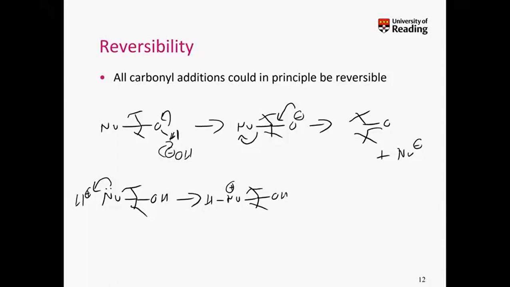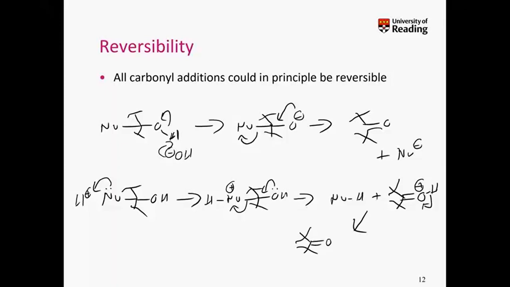And then at this point, the lone pair of electrons can reform the carbonyl bond and the nucleophile can leave. And then finally, we can deprotonate to give us back our carbonyl group.